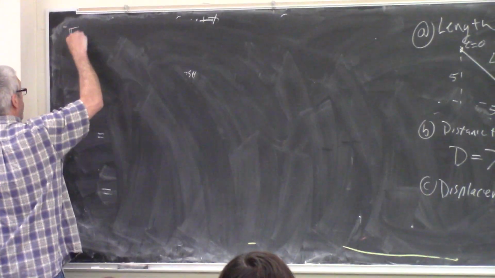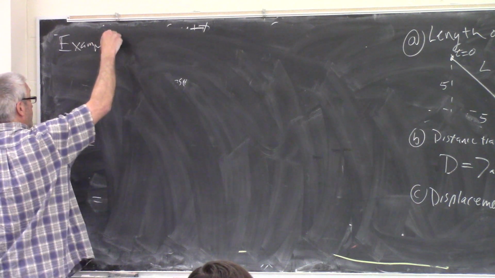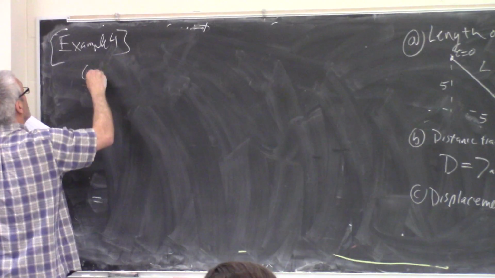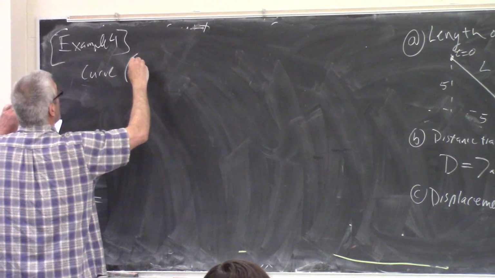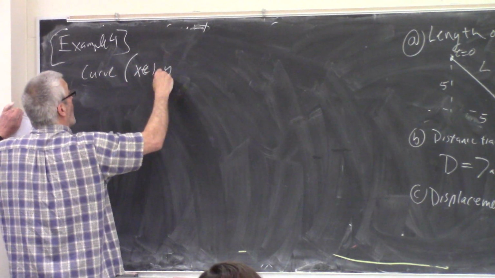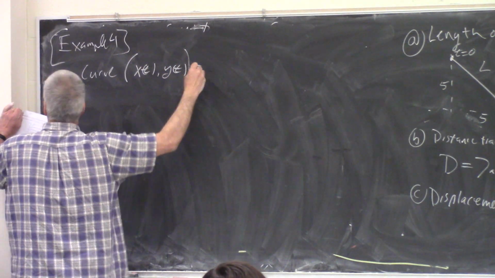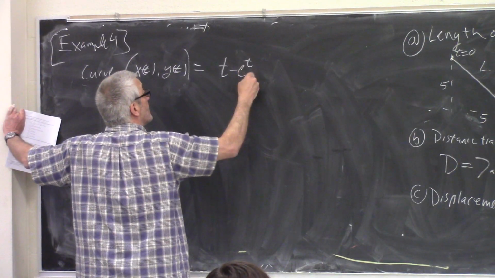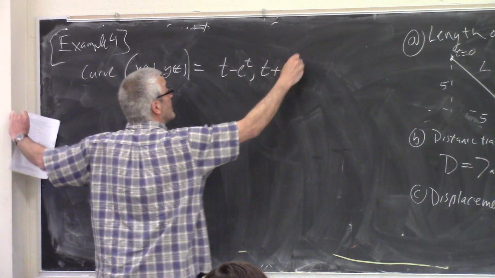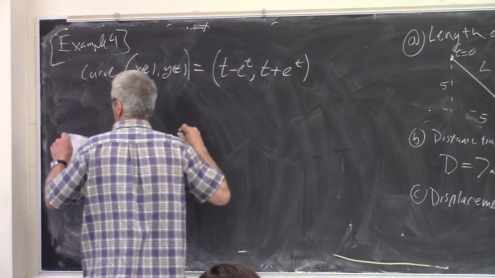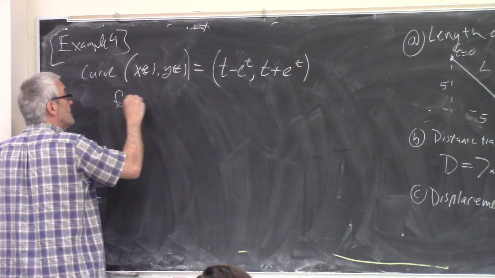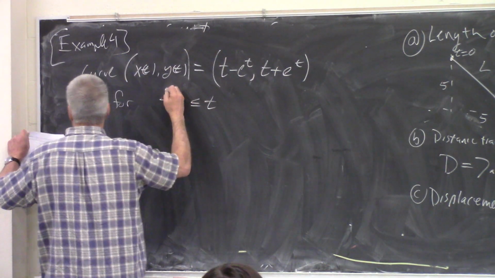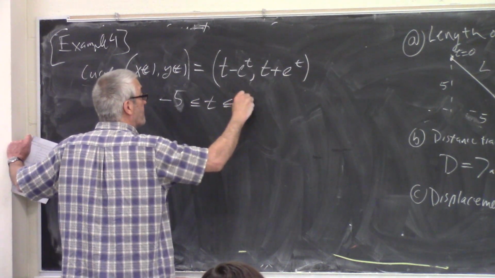Example 4. Curve is x of t, y of t equals t minus e to the t, comma, t plus e to the t, for -5 less than or equal to t less than or equal to 3.